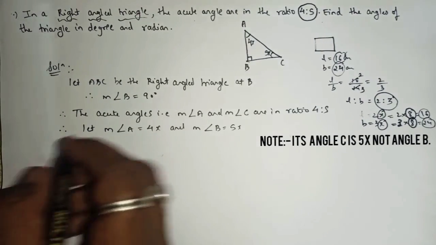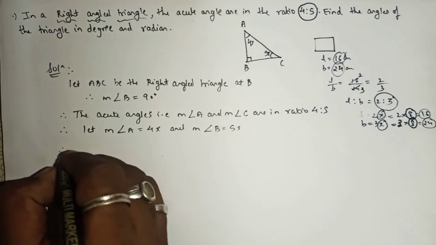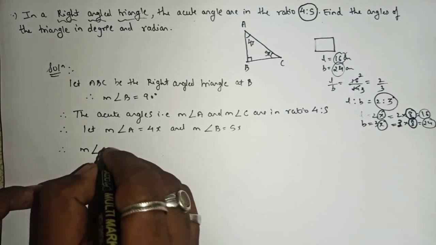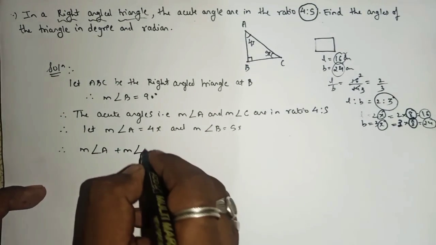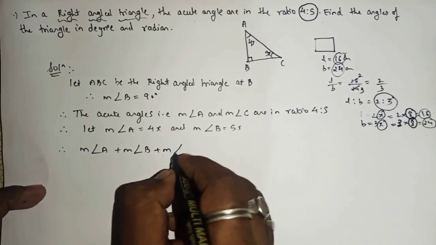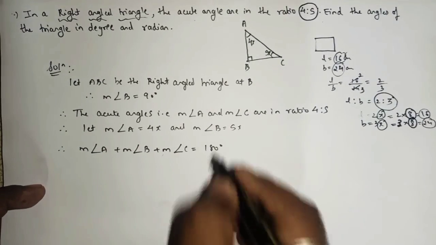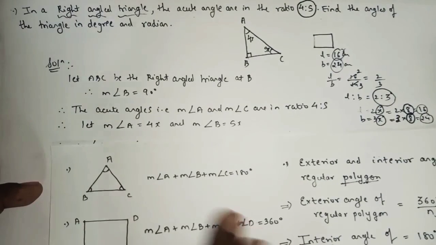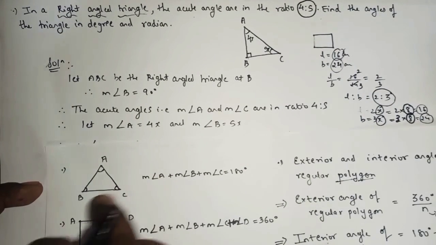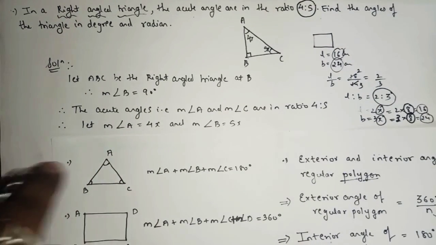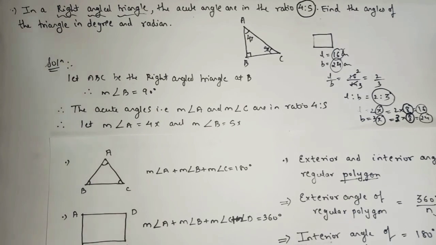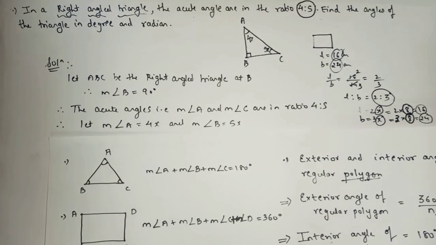As here we have the three angles, we'll apply the property. We know that the sum of the measure of the interior angles of a triangle is 180. Whether you have one angle, two angles, or the angles are in ratio, you have to apply the same property.